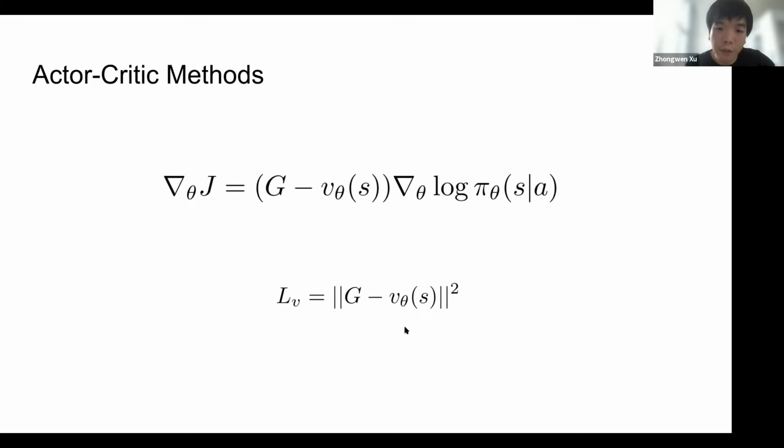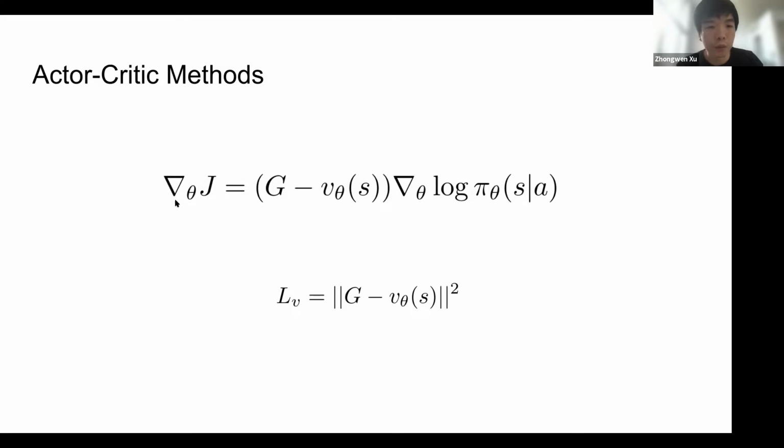So to learn the value, very similar to the previous case, you can just apply an L2 loss between the actual collected return and the value function.